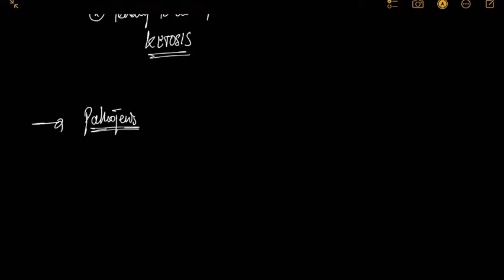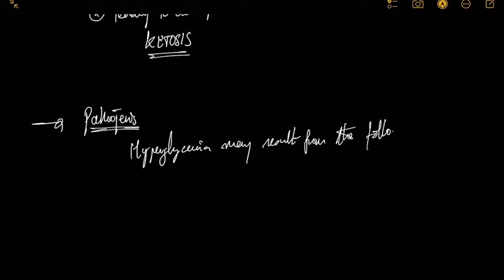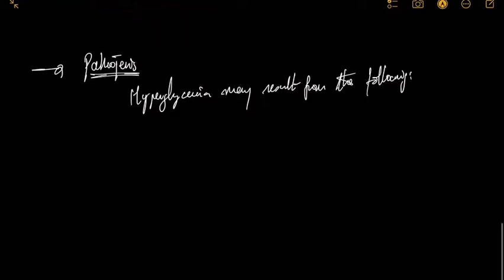Before starting the pathogenesis of type 1 and type 2 diabetes mellitus, let's see how hyperglycemia occurs, like what leads to hyperglycemia. The following conditions lead to hyperglycemia. 1, decrease in insulin secretion.